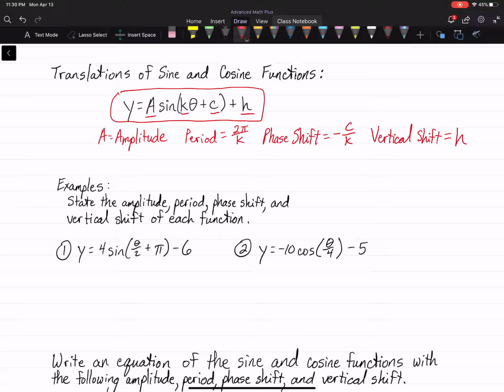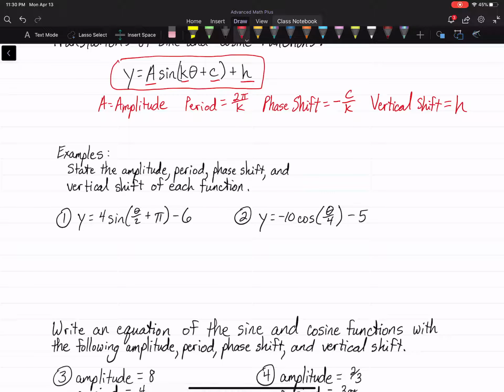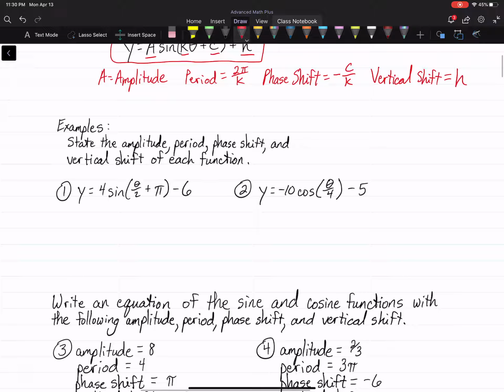So we're not going to graph any of these, but I am going to show you how to state these four things: amplitude, period, phase shift, and vertical shift. Just one by one, here we go. For number one, your amplitude. Like I said, it's the easiest one. It's 4.